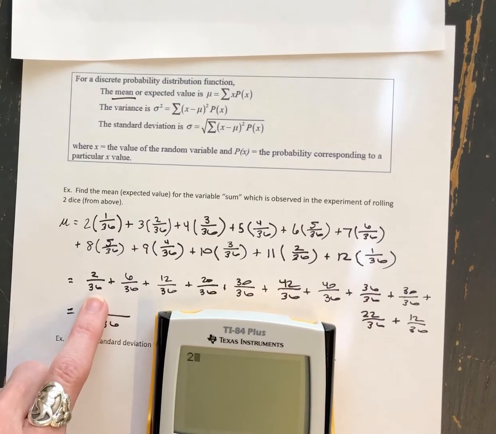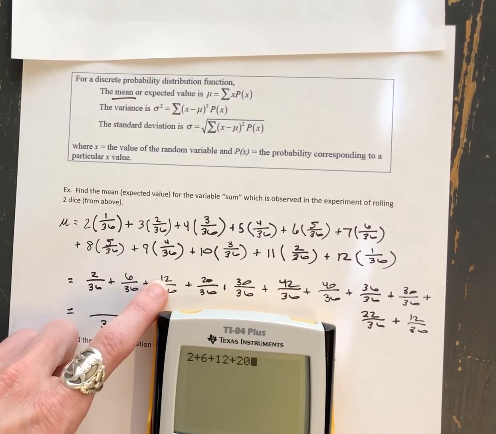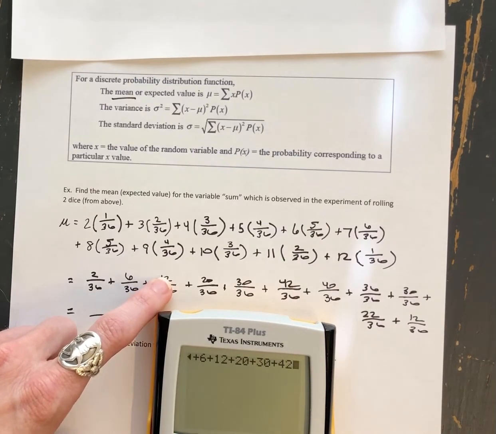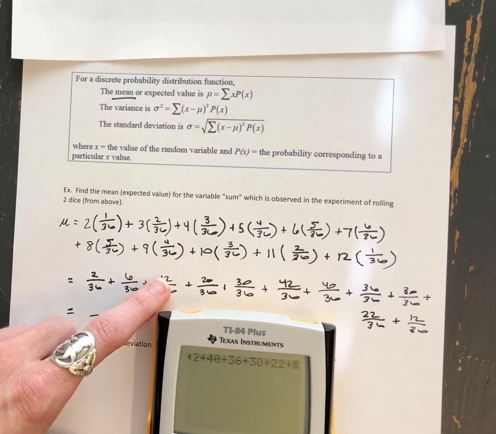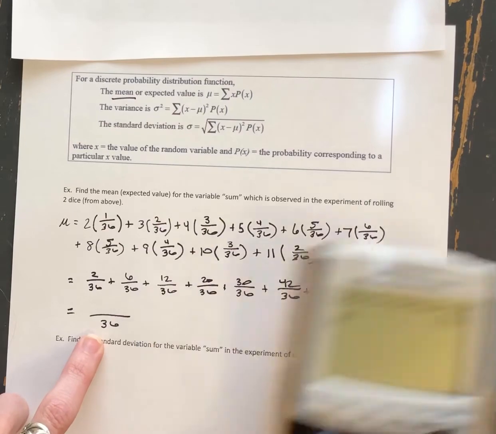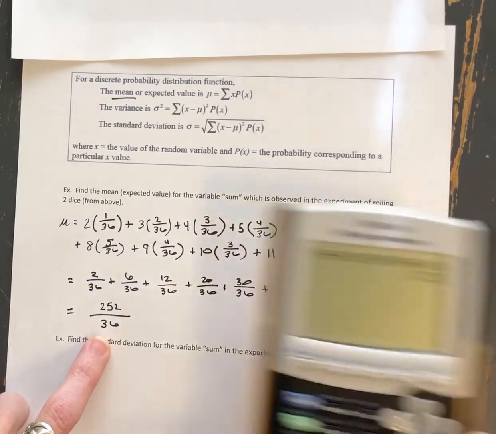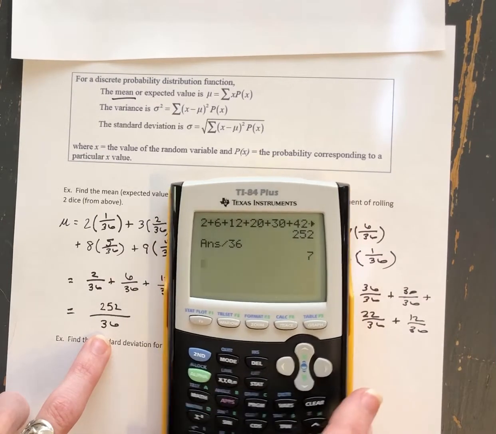We have a numerator of 2 plus 6 plus 12 plus 20 plus 30 plus 42 plus 40 plus 36 plus 30 plus 22 plus 12, which is 252. And 252 divided by 36 gives us 7.